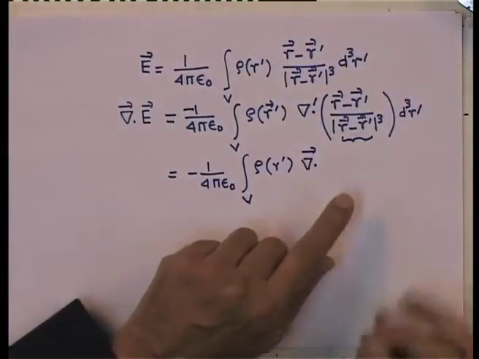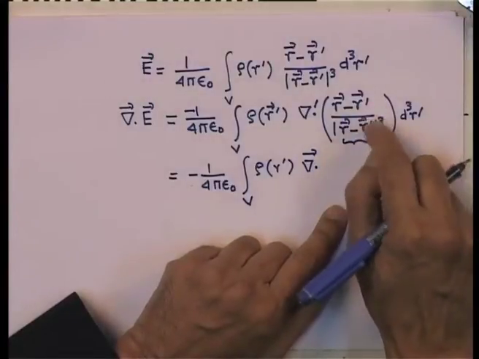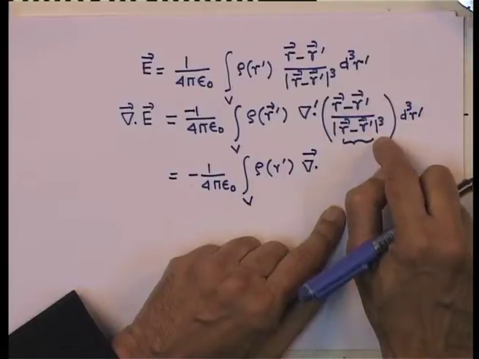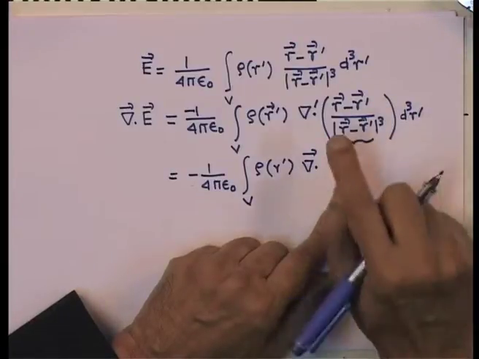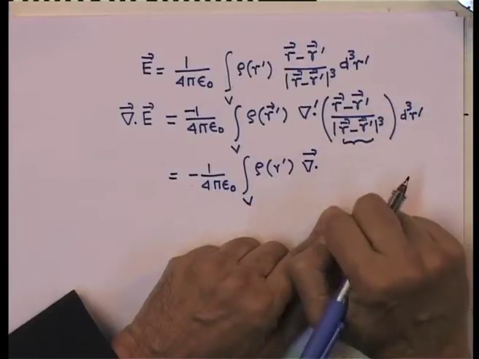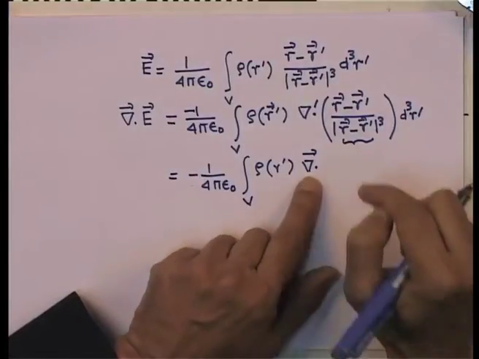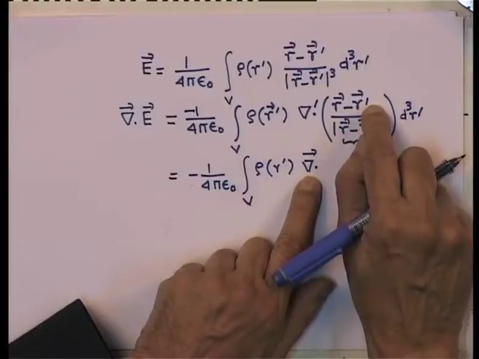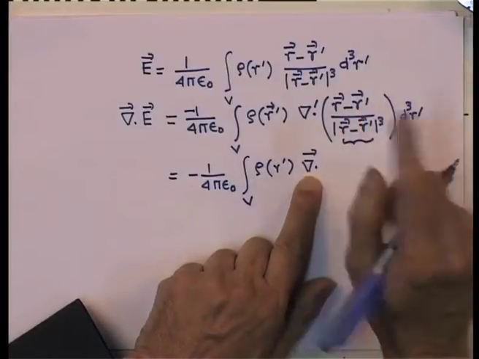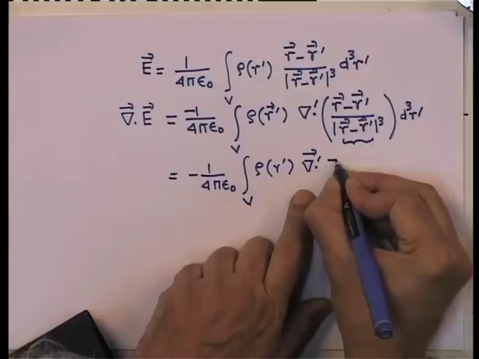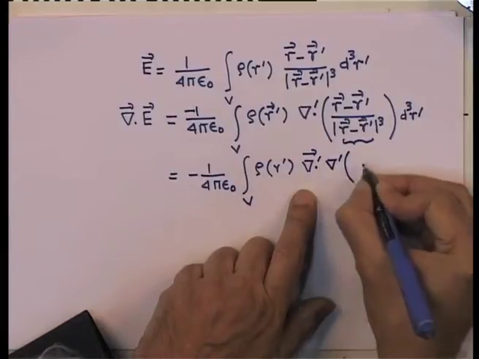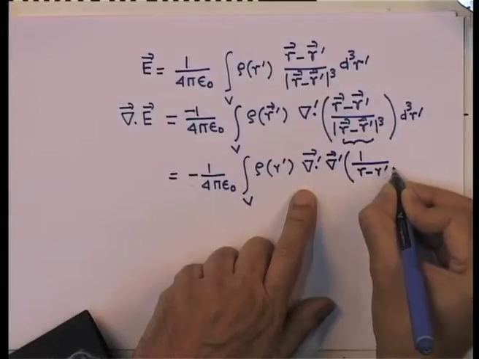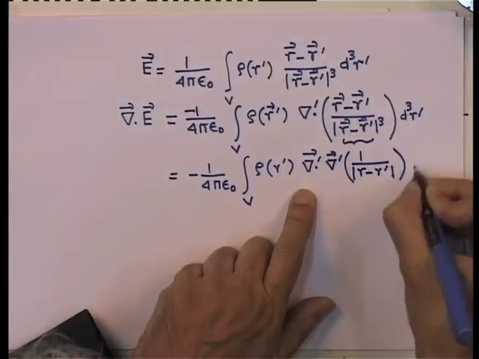Notice this is essentially a vector like vector r by r cube, so I can write it as a gradient. Because I am writing it as a gradient over the primed variable, I do not pick up that minus sign. So, this is del prime dot del prime of 1 over |r minus r prime|, dq r prime.